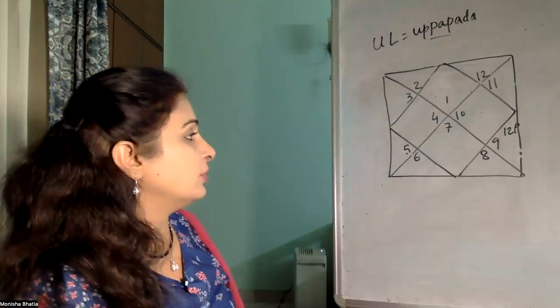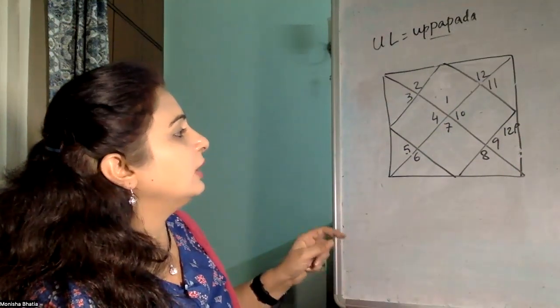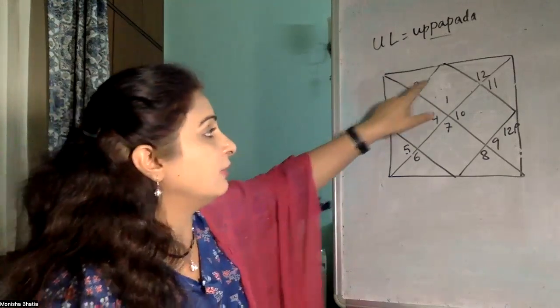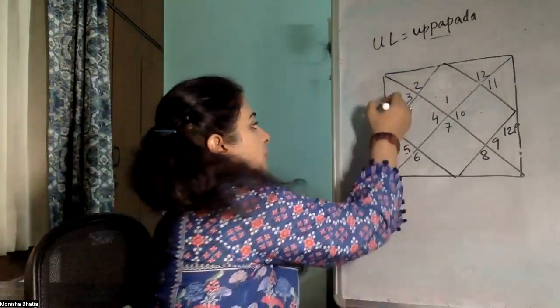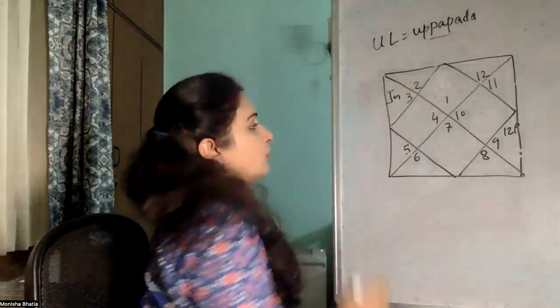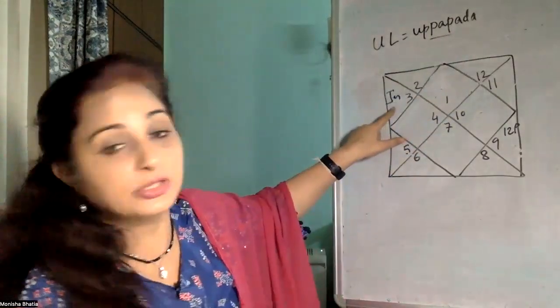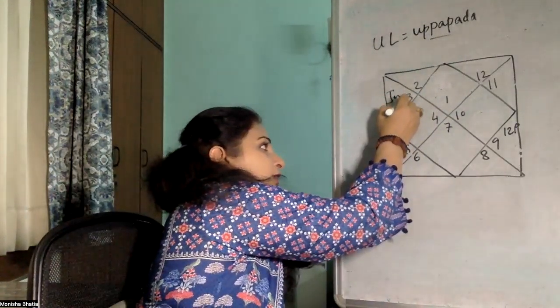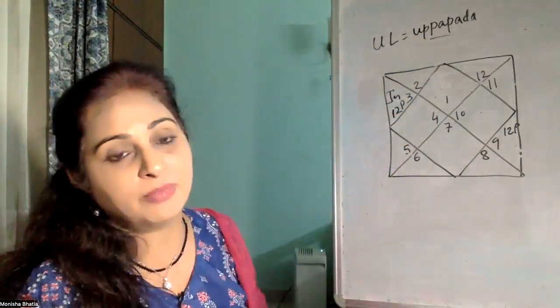Now, let's suppose your 12th lord is sitting in the 4th house from itself, 1, 2, 3, 4. Suppose Jupiter is sitting in the 4th house from itself. So in this case, the 12th pada will be the 3rd house itself. So it will fall in the same house.